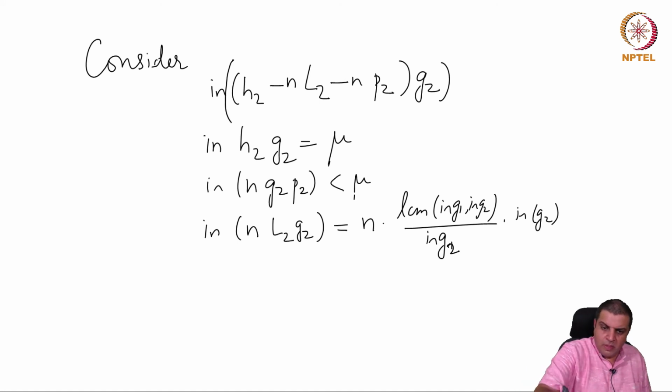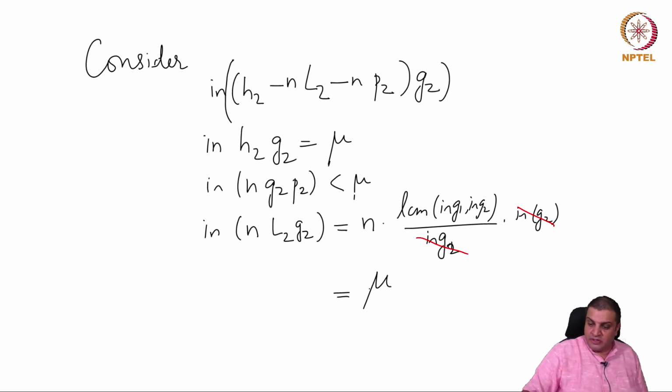So these two cancel, and this is equal to n times the LCM, but the definition of n was that this product is equal to mu.